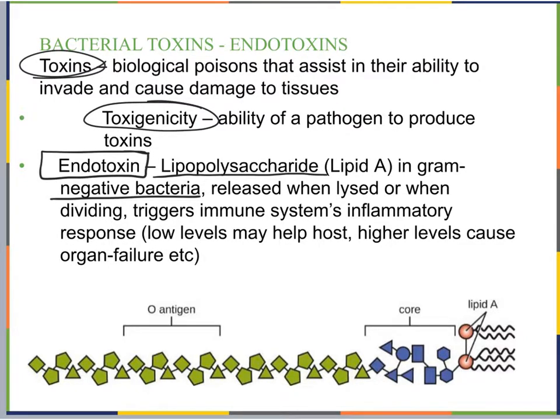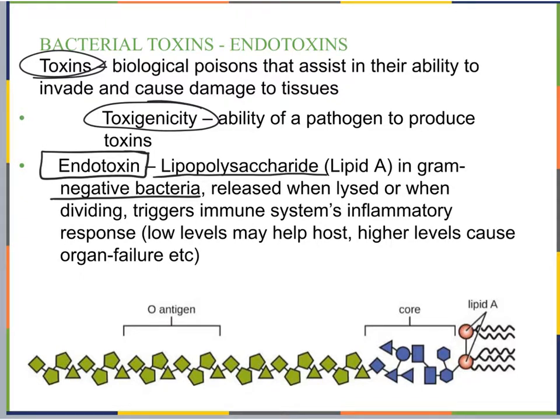If you remember back to the structure of our gram-positive and gram-negative bacteria, recall that gram-negative bacteria had that additional layer on the outside of its plasma membrane. And remember that that additional layer contained lipid A. Now we're going to look at it in more detail because this now is an endotoxin. It was before, but now we're going to look at it in terms of an endotoxin.